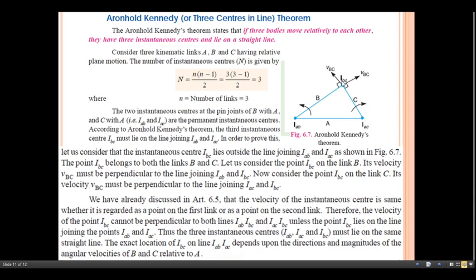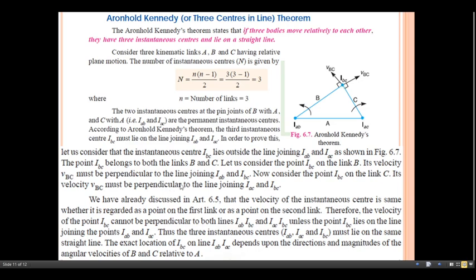Now consider the point IBC on link C. Its velocity component VBC must be perpendicular to the line joining IAC and IBC.